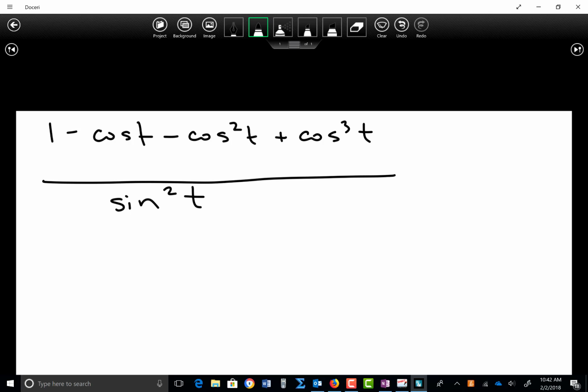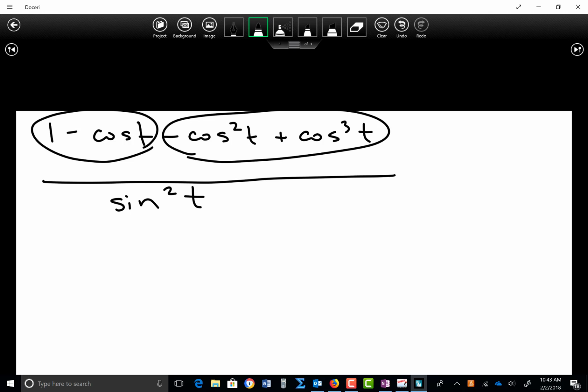And with grouping, you group the first 2 and you group the second 2 and you try to pull out a common term. So when I group this first one, there is no common term between 1 and minus cosine, so I'm just going to pull out a 1 as a placeholder. And then I'm going to drop down this sign, and I'm going to pull out whatever's in common between cosine squared and cosine cubed.